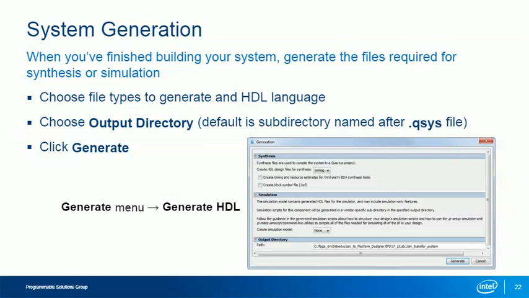The directory path where the generated files will be located can also be specified. This defaults to a new directory that matches the name of the system. Note that only the base location for generation can be selected. The subdirectories where the simulation and synthesis files are stored are derived from that base location. Click Generate to generate the system.